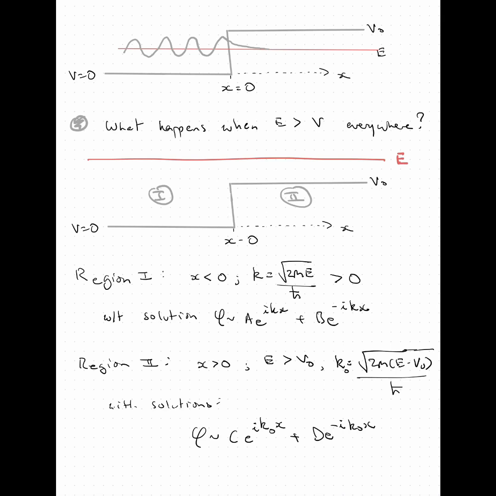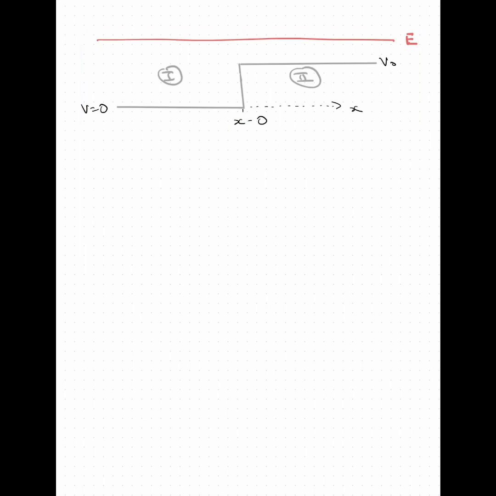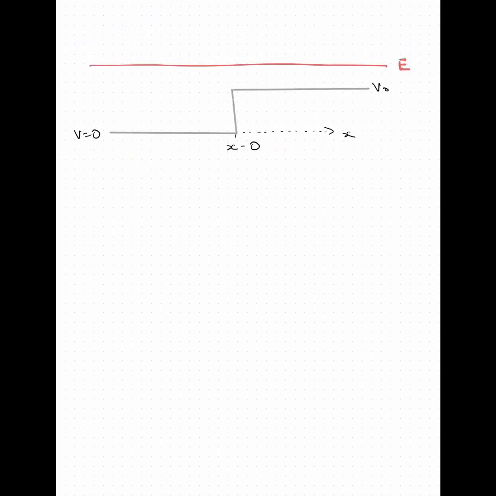So what does this look like? Okay, so the traveling waves will essentially be the following. Let's consider an incident wave coming from the left.